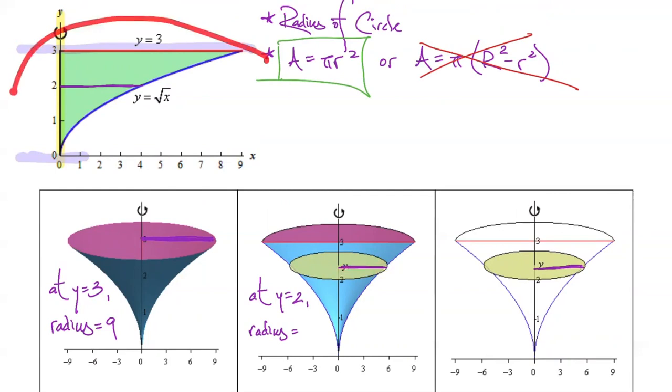But if we go back to the one where we actually have the graph, if I draw this line across at 2 and I think about the function, it doesn't look like it's getting all the way to 6, right? It looks like it's actually getting to 4. So at 2, the radius is 4.